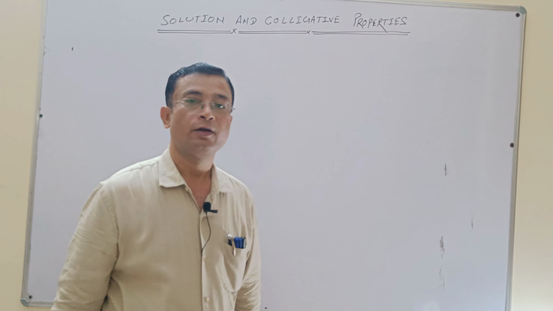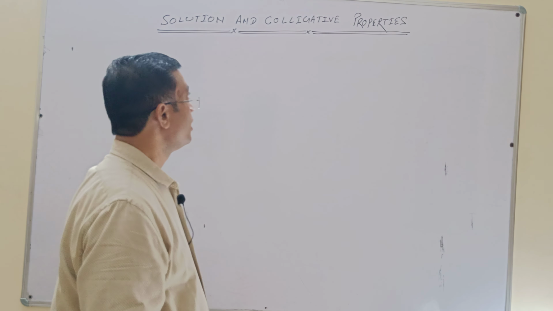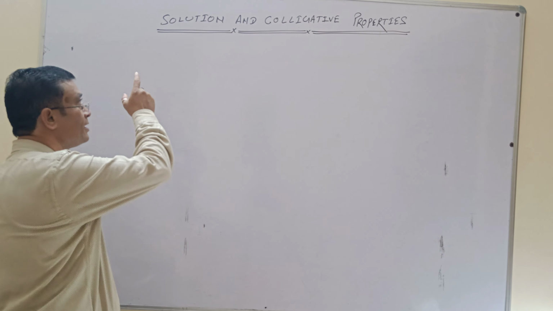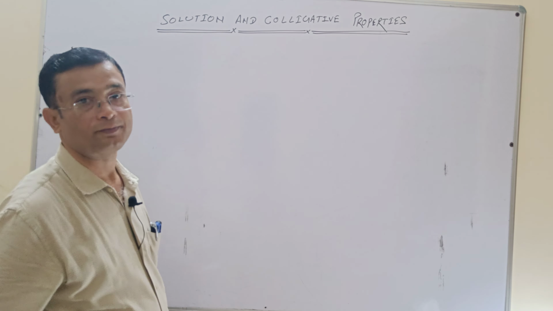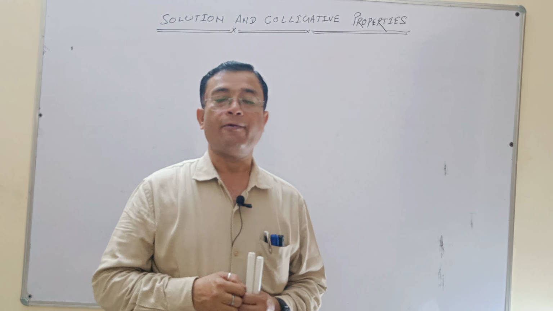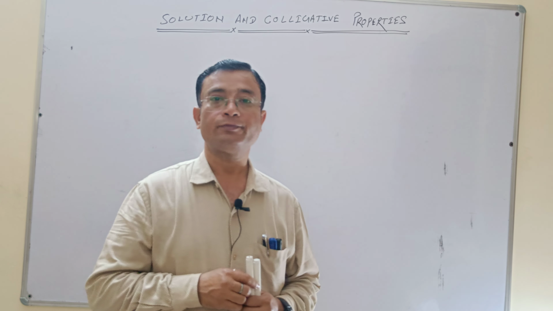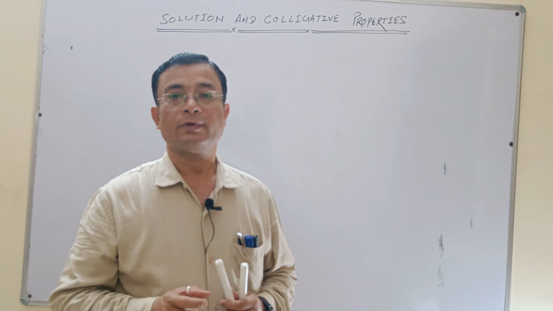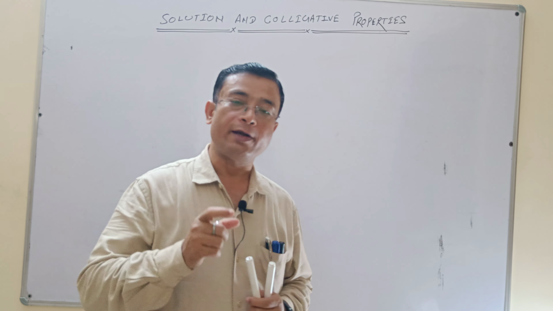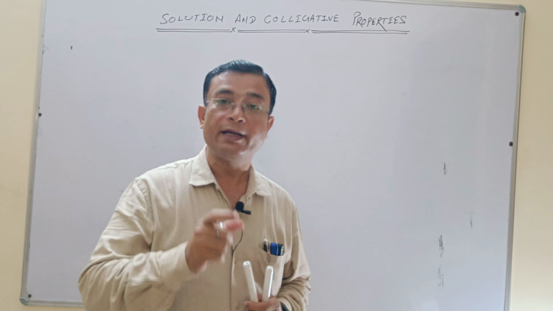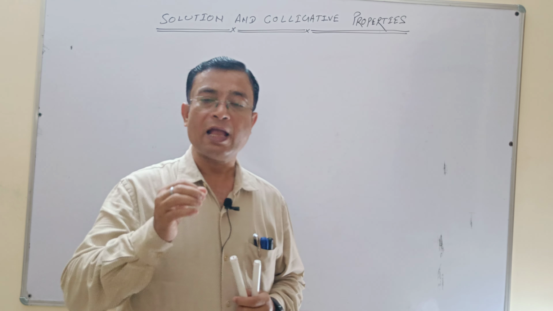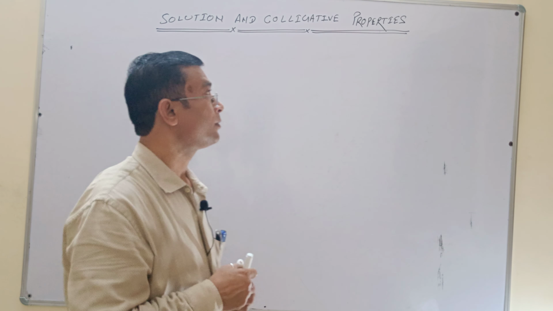Dear students, today I am going to take a very important chapter, that is the solution and colligative property. This chapter has theoretical as well as numerical importance. Therefore, this chapter is very important for the NEET and JEE exams as well as for the board exam.